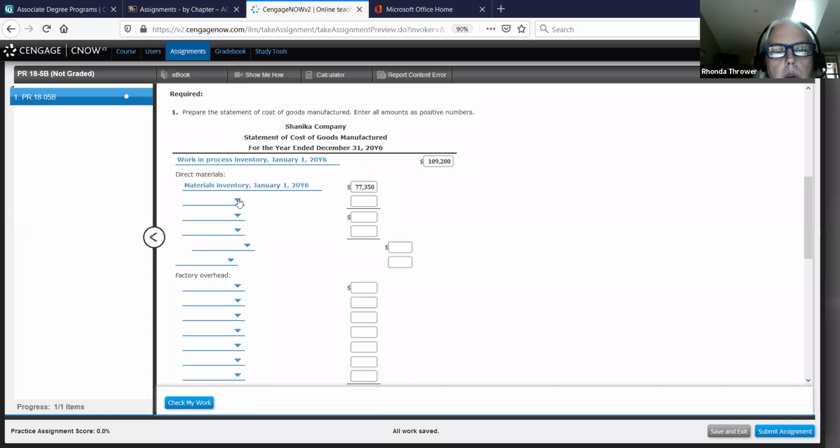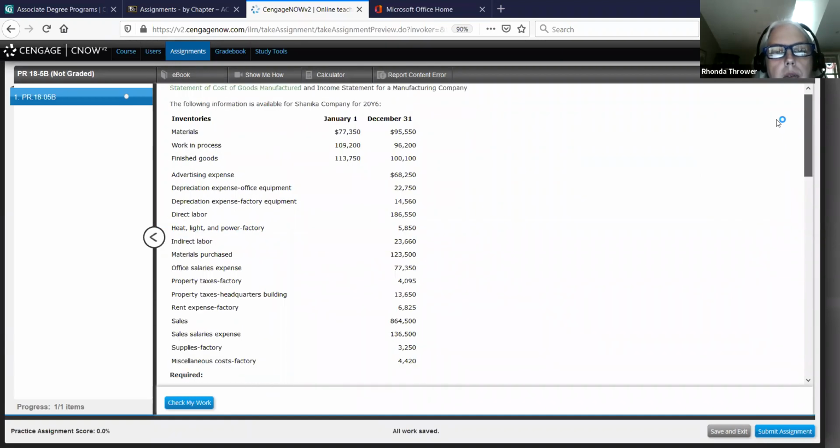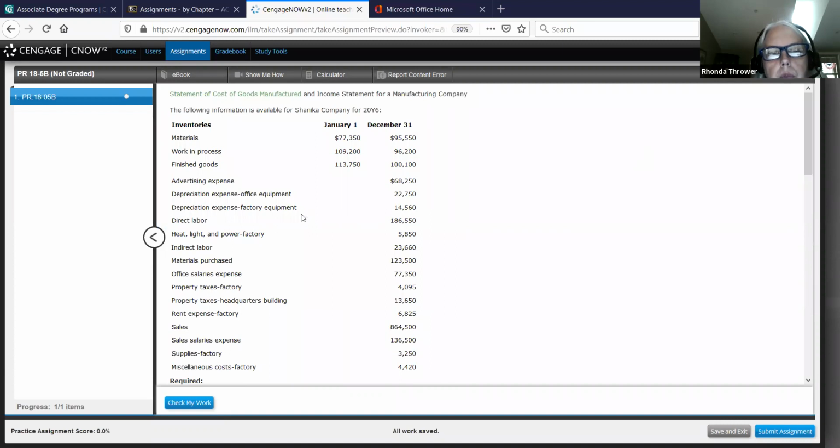To that, I'm going to add any purchases of materials. We're talking about materials here. So I've got to look for my materials purchases. And the materials purchased was 123,500.